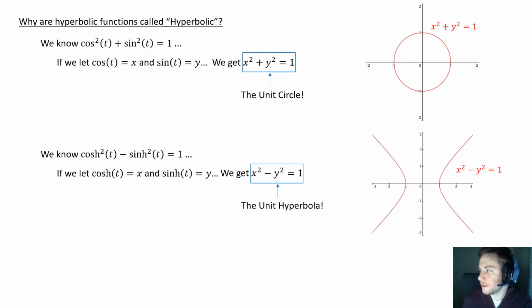The graph looks like this, which you can check for yourself. And the shape of this graph is characteristic of what hyperbolas look like in general. But the point being made is that cosh and sinh designate the x and y values on the unit hyperbola, just as cos and sine designate the x and y values of the unit circle. And that's the reason we call these functions hyperbolic, in case you were wondering where that name comes from.